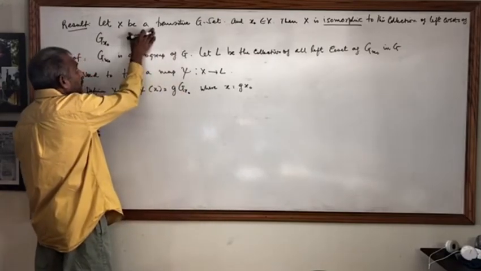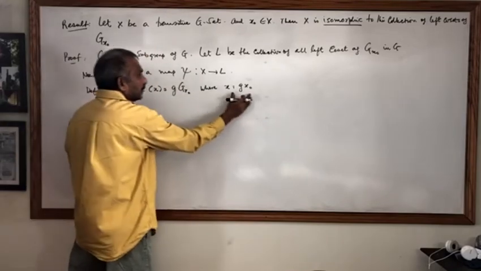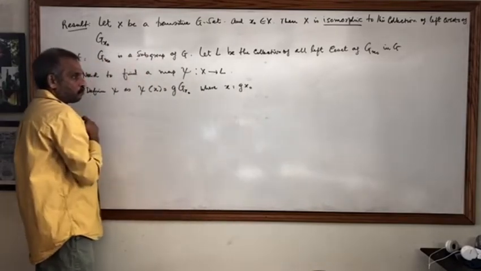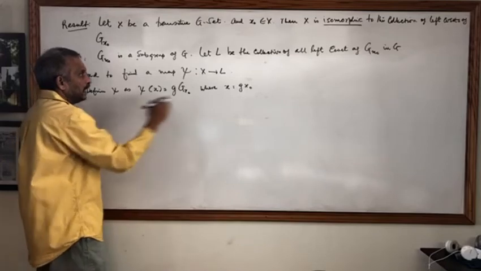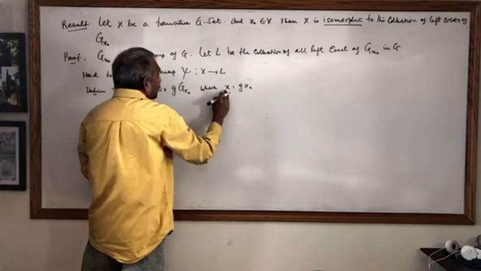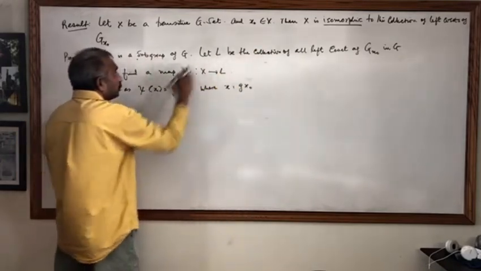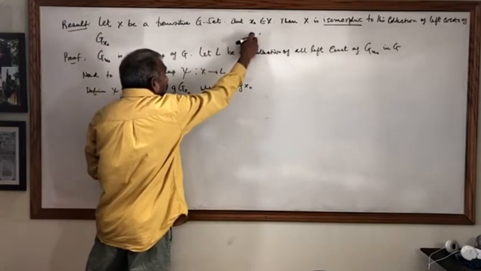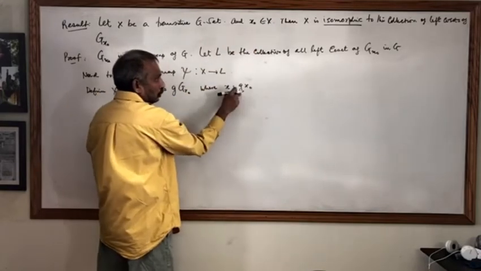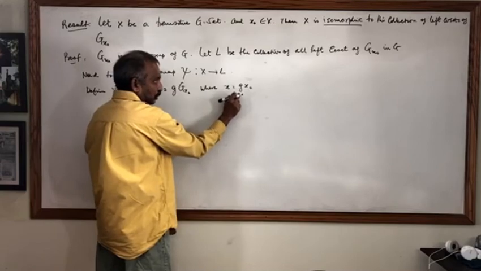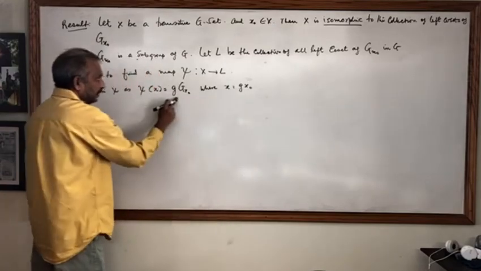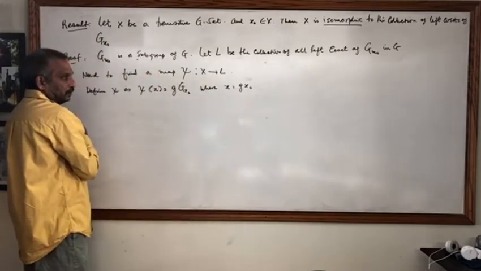Any two elements can be related like this. So x0 is an element of X, x is any other element from X. So they are connected through this g. And that g is the left coset you are mapping to.